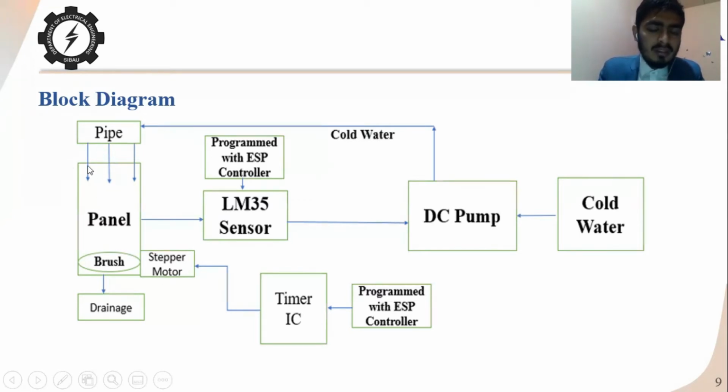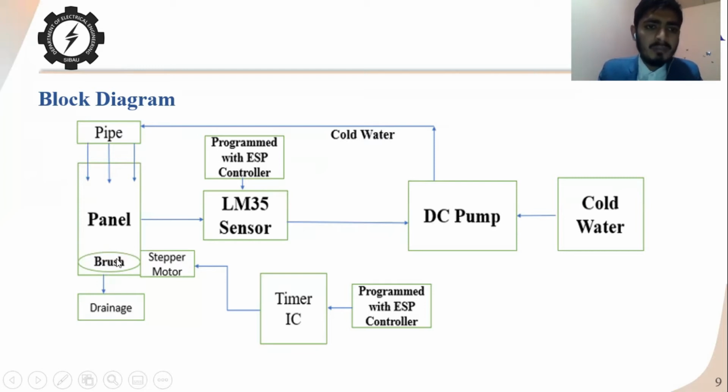This is the panel. On the upper side of the panel, a pipe is connected from which the water will be sprayed. And on the bottom side of the panel, there is a brush.